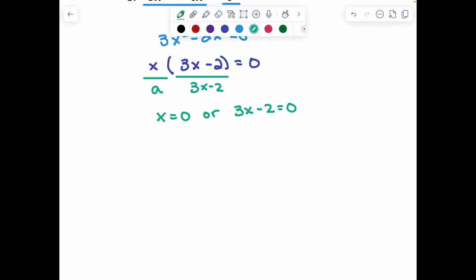So x is equal to 0 just stays. Don't have to do anything there. 3x minus 2 will give us x is equal to 2 over 3.